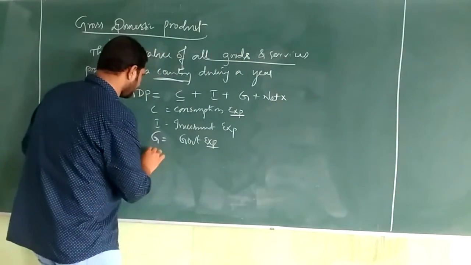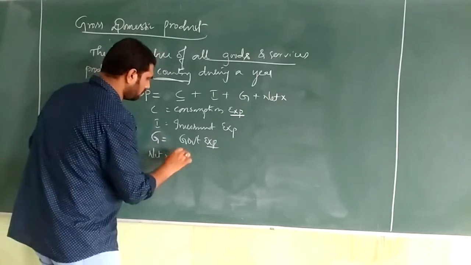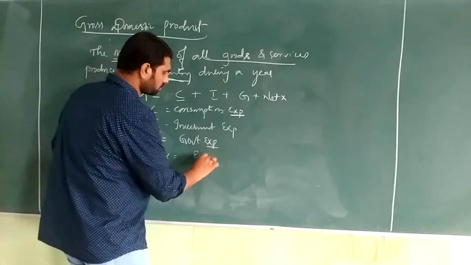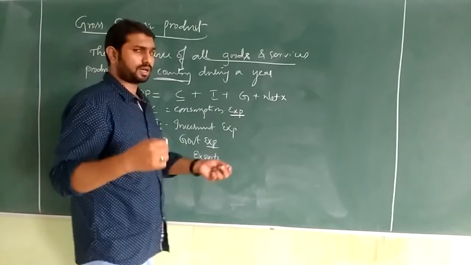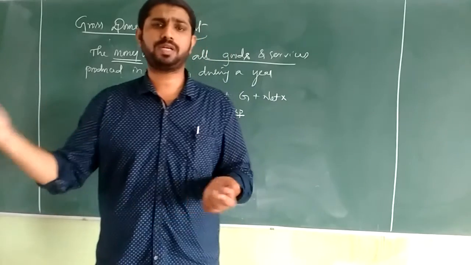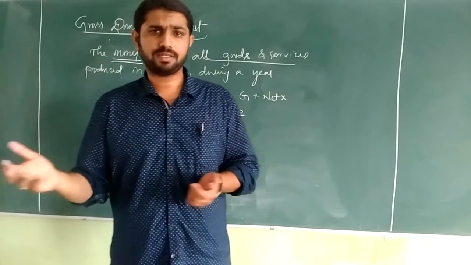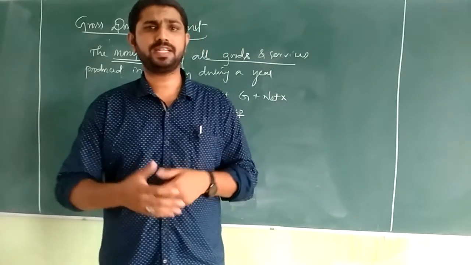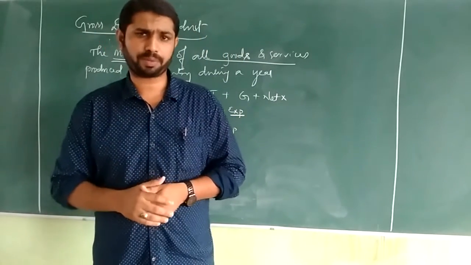Then the last one is about net X. X stands here for exports. Exports expenditure. People have already come across it in first PU, where it stands for external affairs. External affairs in the sense of a country's international trade, where it deals with exports and imports as well as the entrepot.